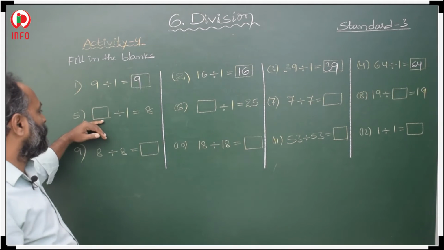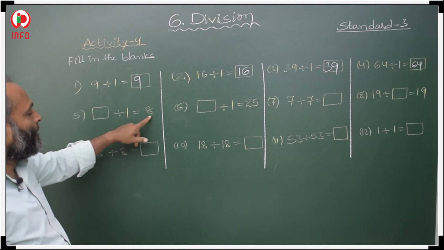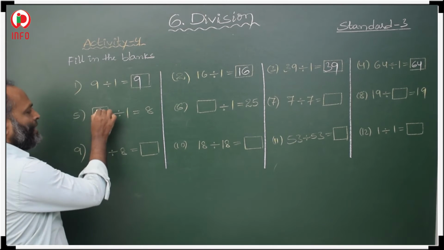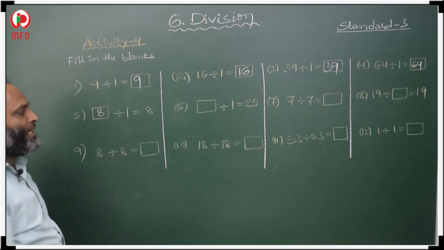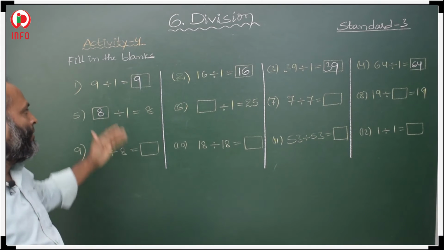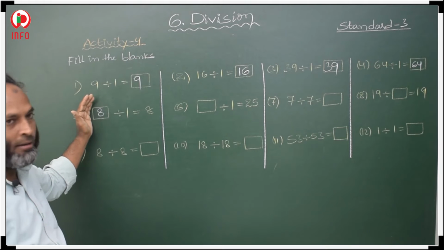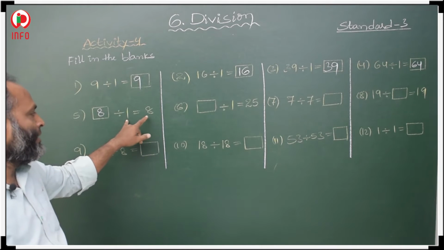Next, here the quotient is 8, divided by 1. It means if any number is divided by 1, then we will get the same answer. The same question, but here the dividend is in the blank. Here the quotient is given and the divisor is given.